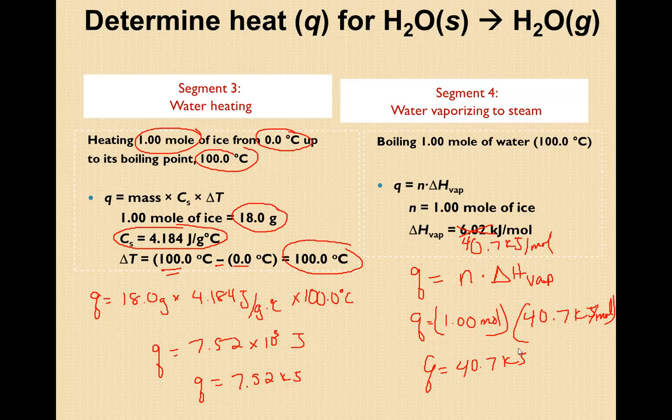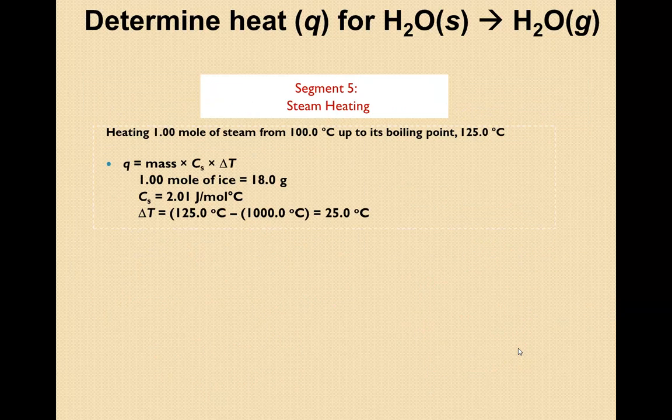Finally, we're at the steam part. We're going from 100 degrees Celsius up to 125. All the particles are now gas, and they can be heated up again. We're still dealing with 1 mole, so the molar mass is 18 grams. The specific heat is 2.01 joules per gram degree Celsius, that's a known, and we're going from 100 to 125, so final minus initial is 25 degrees Celsius.